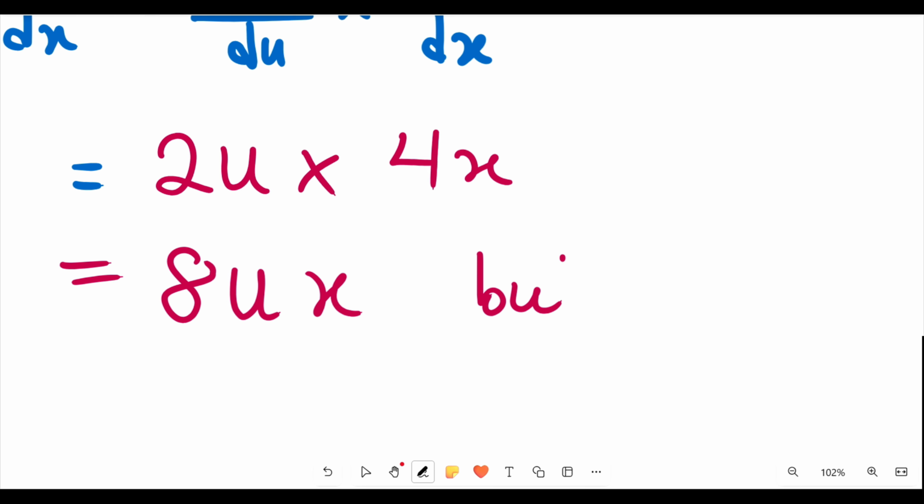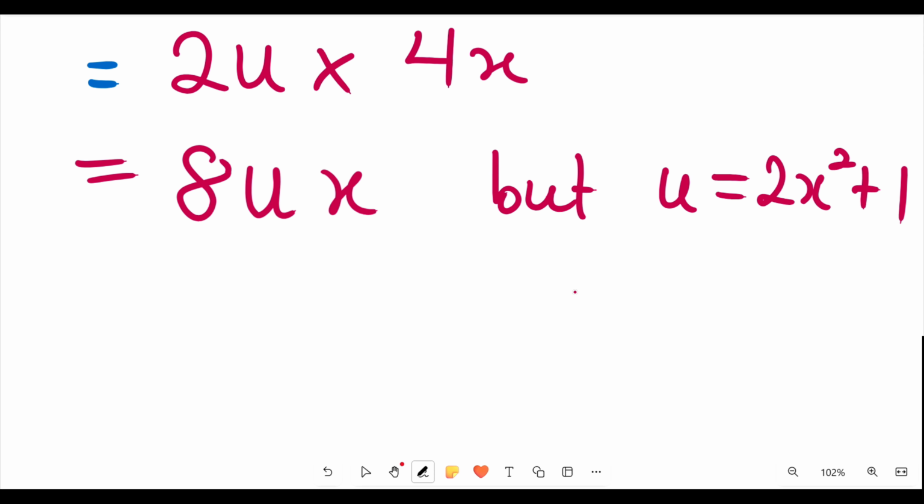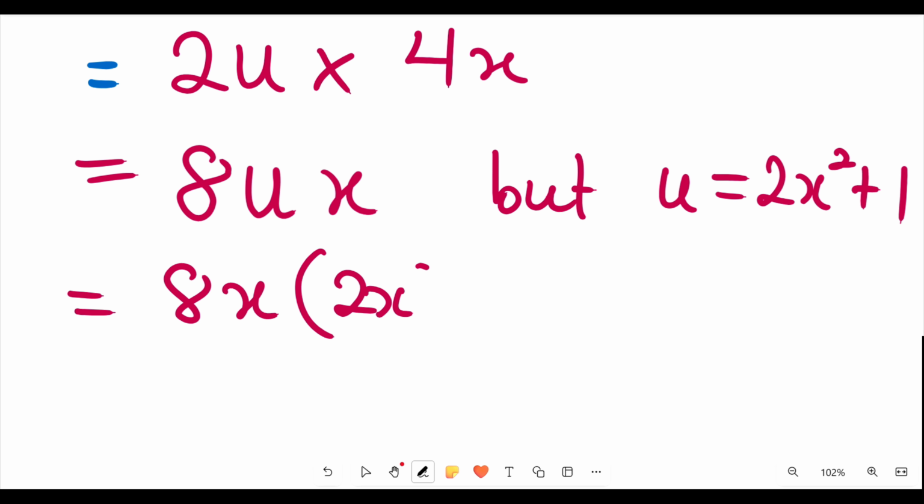But know that our u is equal to 2x squared plus 1. Do not forget that we let u be equal to 2x squared plus 1. So here becomes 8x multiplying 2x squared plus 1.